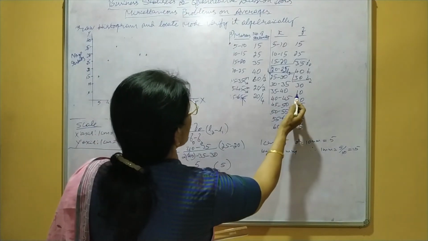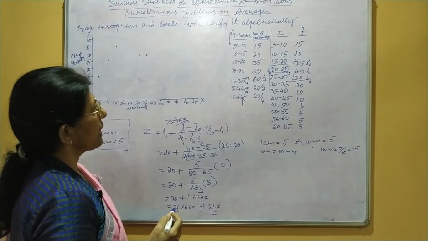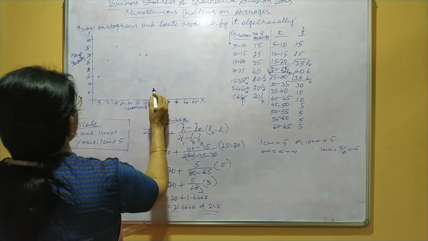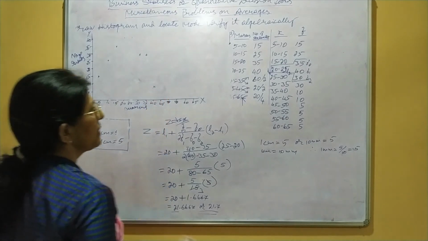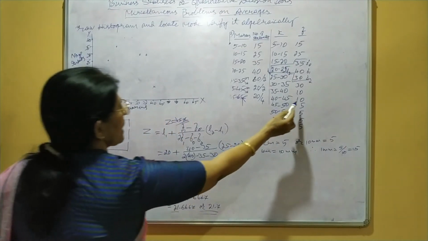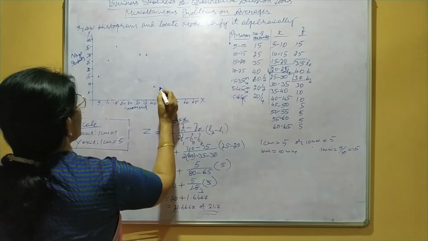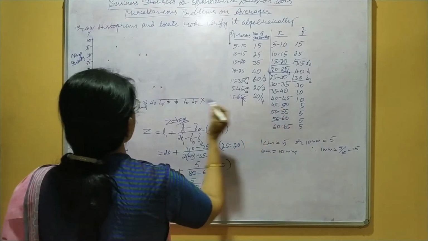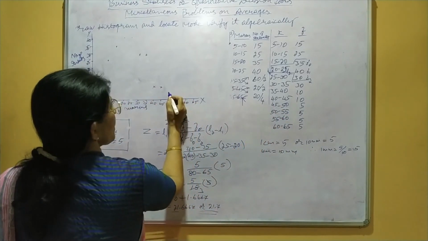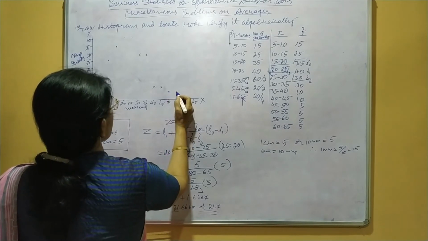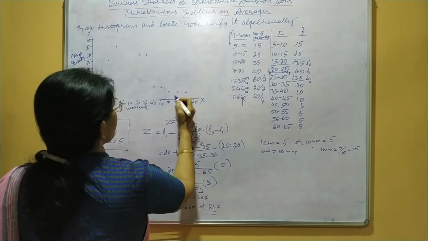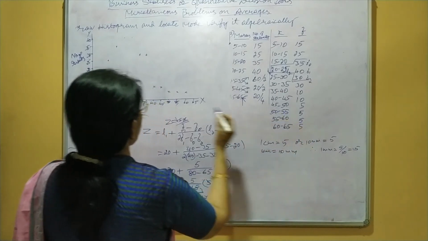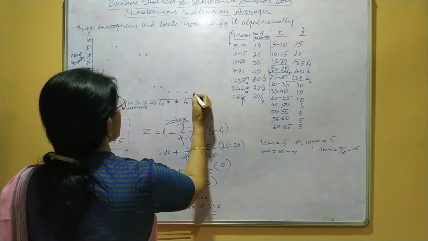Next, 10, corresponding to upper limit 40, then 10 corresponding to upper limit 45, then 5 corresponding to upper limit 50, then 55, upper limit 60, upper limit 65.